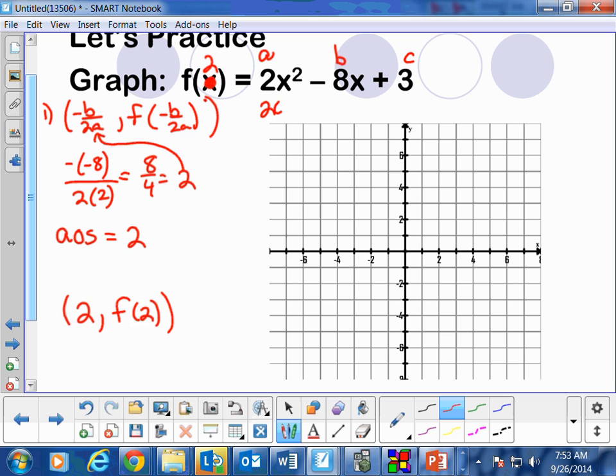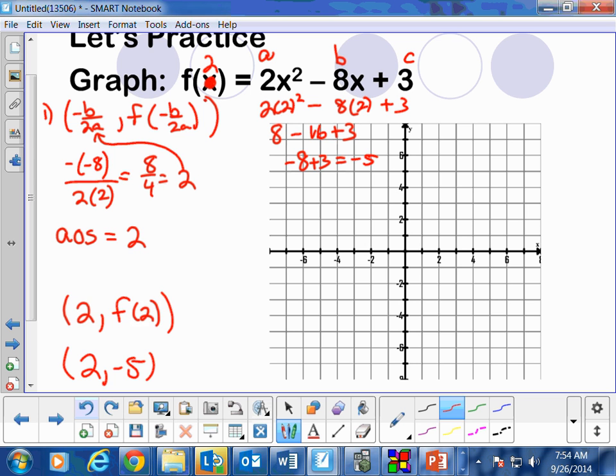So we'll have 2 times 2 squared minus 8 times 2 plus 3, which comes out being 8 minus 16 plus 3. I'll erase this because I want to make sure y'all have a clean graph. I'll have a negative 8 plus 3, which means I'll result with a negative 5. Which means that in reality, it's really 2, negative 5.